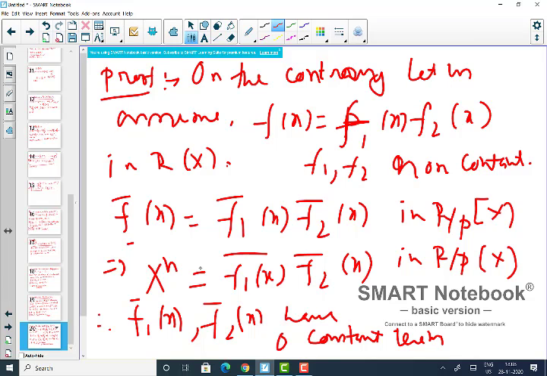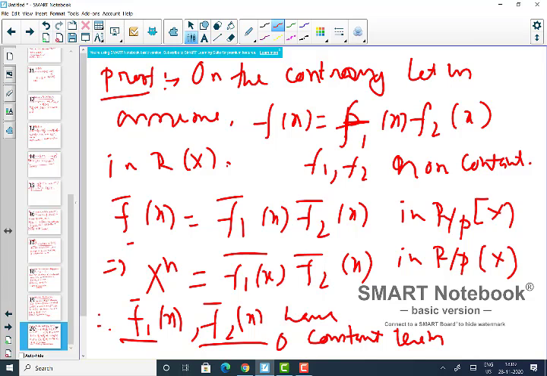If they had a constant term there, that constant term would not be inside P. If they have a constant term which is non-zero, then the product of the constant terms would be the constant term of f, but that constant term is inside P. So P is a prime ideal, and this is the important observation: the prime ideal property gives you that this has no constant term.